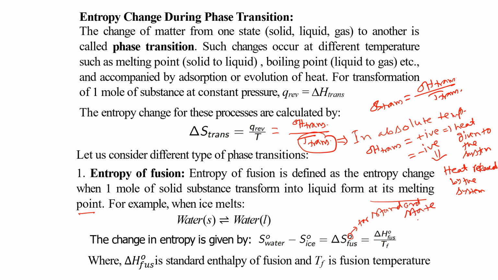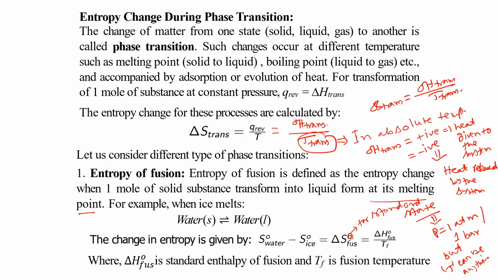What is standard state? Standard state means your P is 1 atmosphere or 1 bar, but temperature can be anything. So, we are considering pressure is 1 atmosphere here.